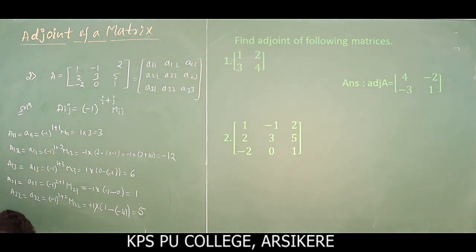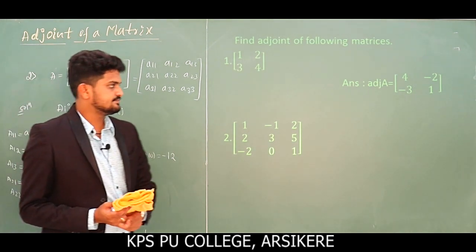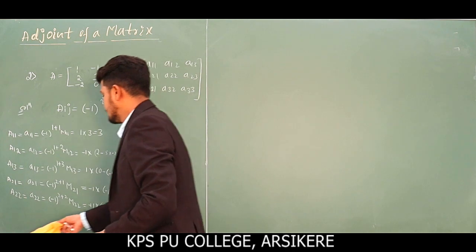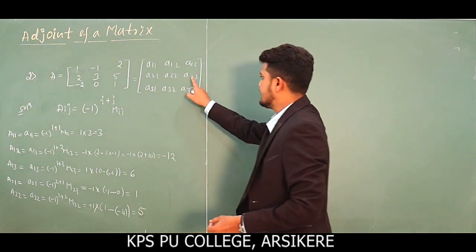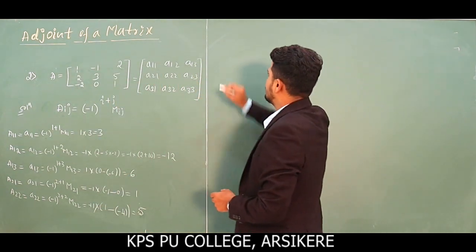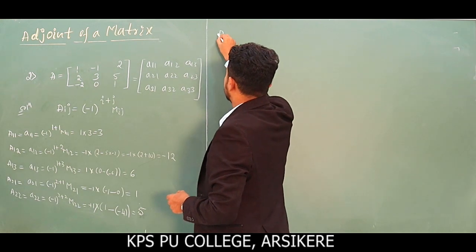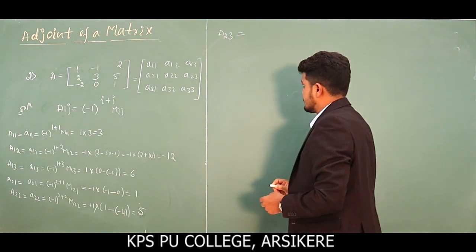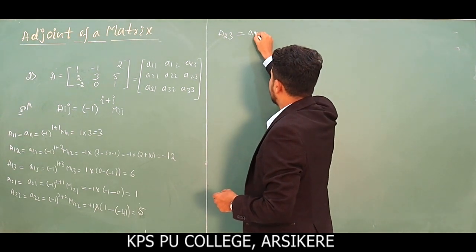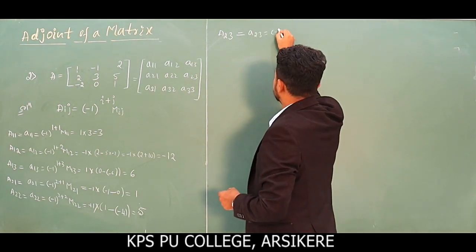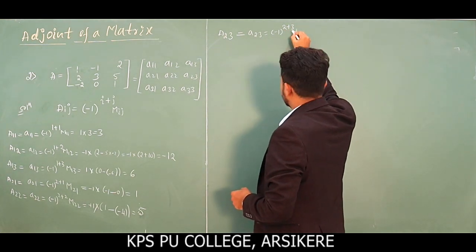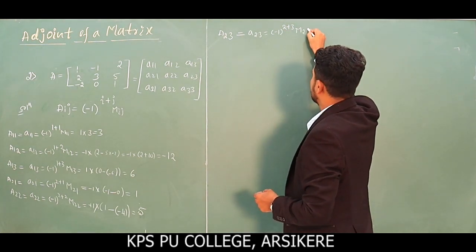So next, the element A22 is done. So next we find A23. Then how to find A23? A23 is minus 1 to the power of 2 plus 3 into M23.